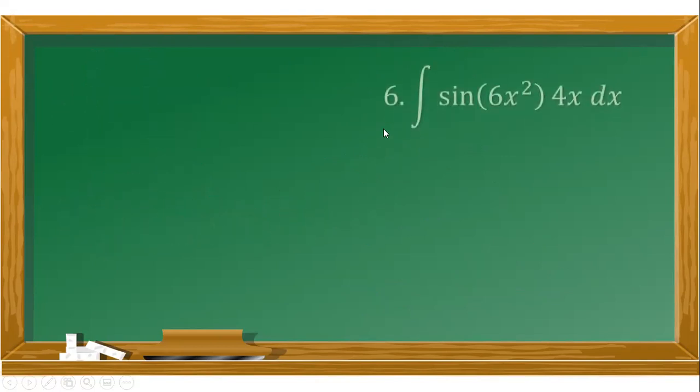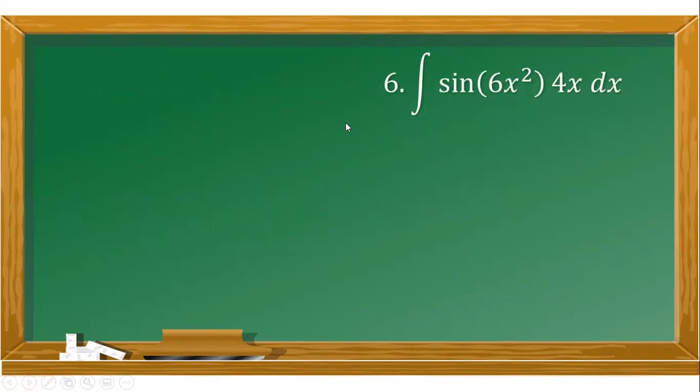Let's have number 6, sine of 6x squared times 4x dx. Okay, so ang ilat natin is yung kasama ni sine. So let u be 6x squared and then du is 12x dx. So may nakikita ba tayong 12x dx?